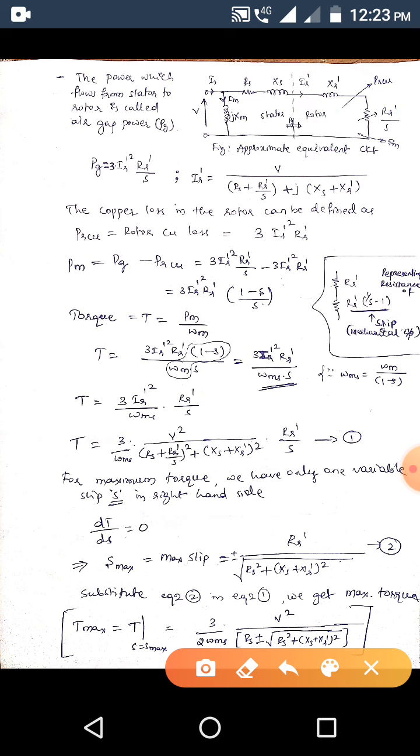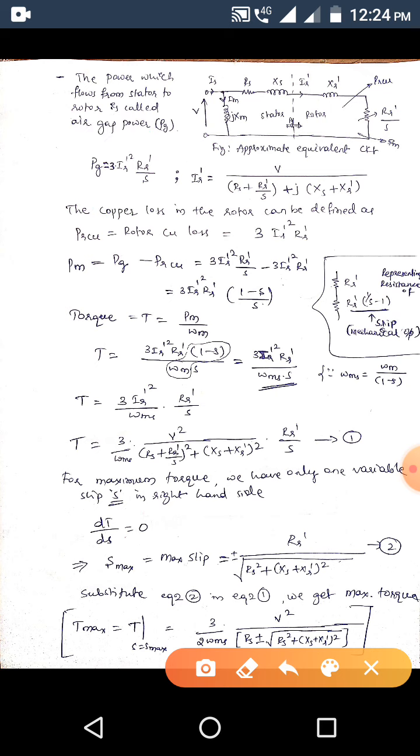So IR square into R prime divided by S. We have considered the three-phase supply, so multiply by 3. Then Pg is equal to 3 IR square into R prime divided by S here.